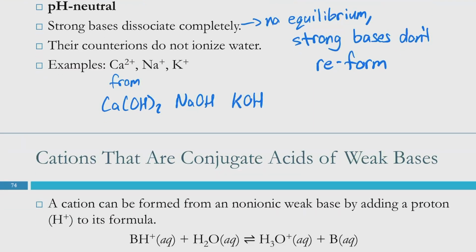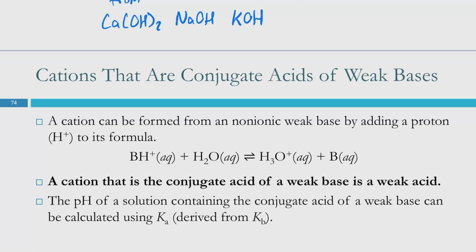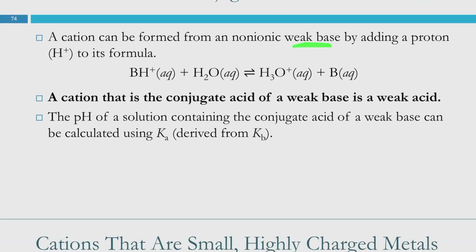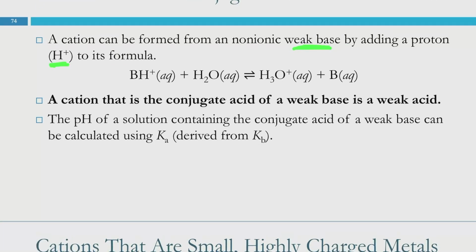We also have conjugate acids of weak bases. So if we take a weak base and add a proton to its formula, that gives us BH plus, the conjugate acid of a weak base. And that can produce H3O plus and reform the weak base.